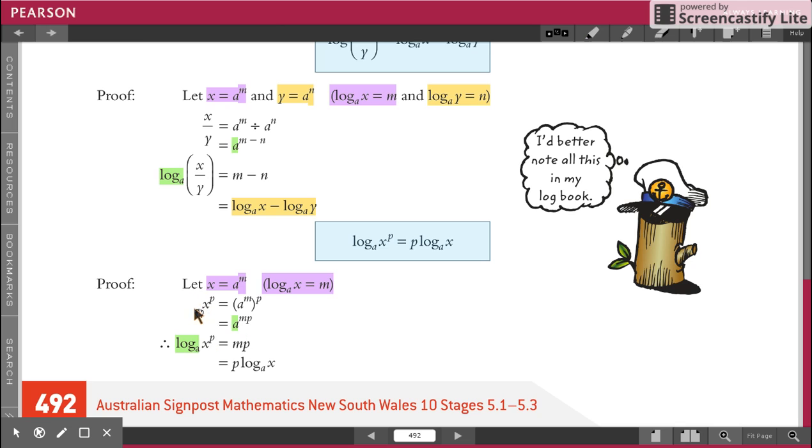We'll take the log of this side here, and that'll reduce mp down to a format that we can use, knowing that here m is equal to log a of x, subbing that in there. That proves it simply by having anything to a log to the power of another value, we can simply take that down the front and multiply it. And therefore, that's how we get p log a of x.